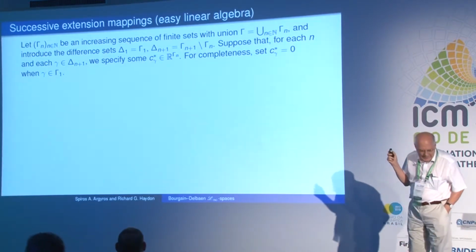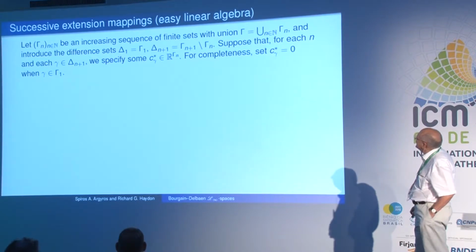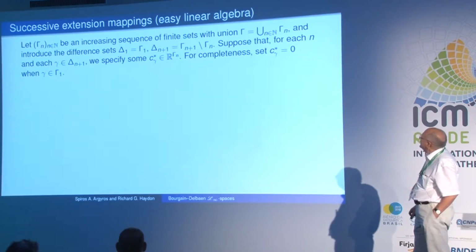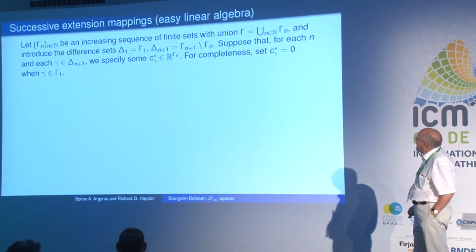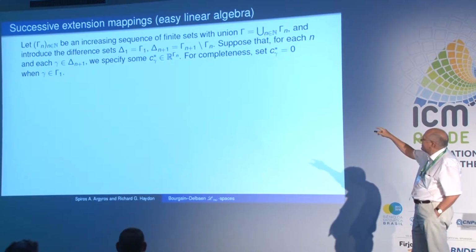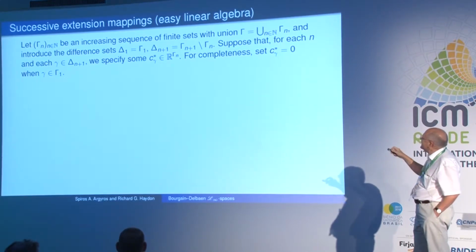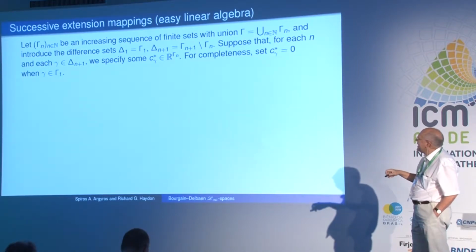So here we are. We've got an increasing sequence of finite sets now, and their union is called gamma. Delta n are the difference sets. And suppose that for each gamma in delta n plus 1, we fix some functional C star gamma that's supported on gamma n.